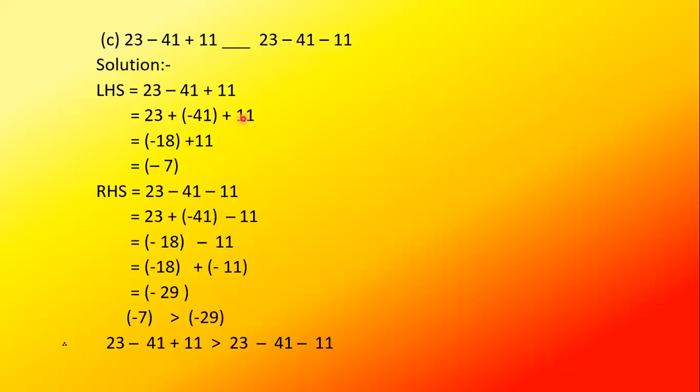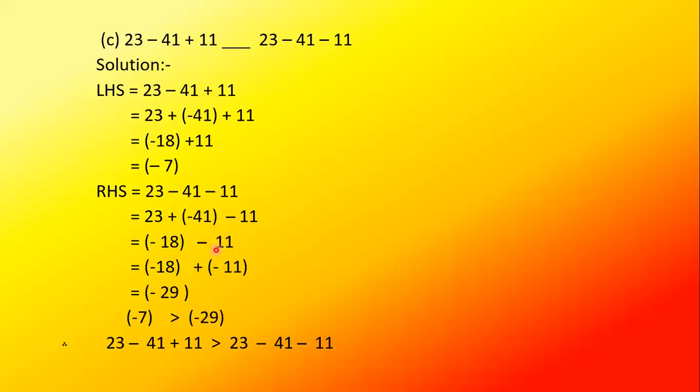Same way we will solve RHS also. RHS: 23 minus 41 minus 11. 23 minus 41, so we will add the additive inverse of -41. 23 plus -41 will be -18. Then -18 minus 11.